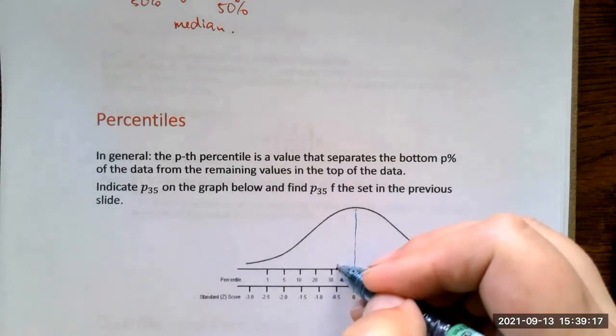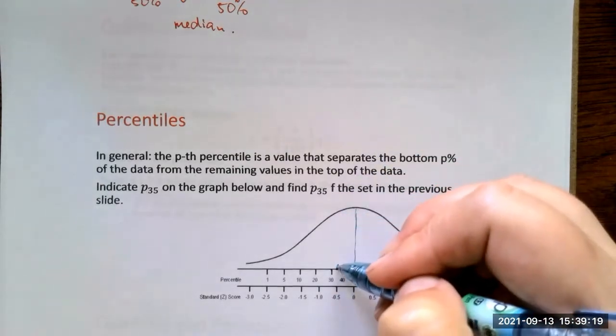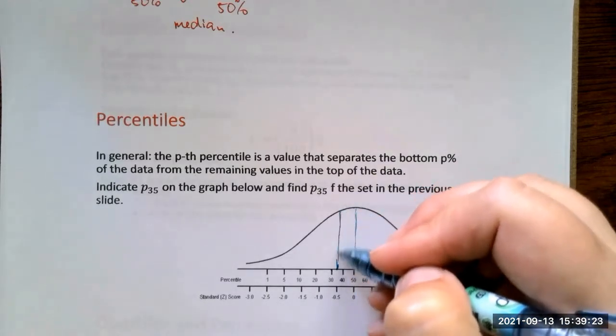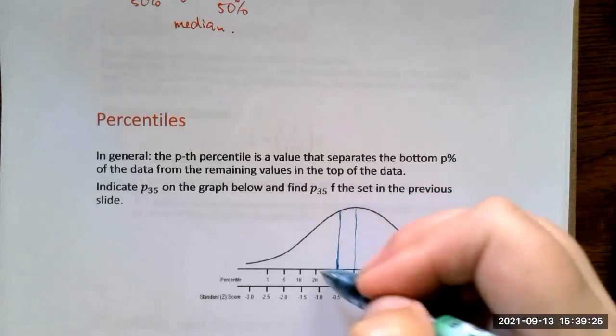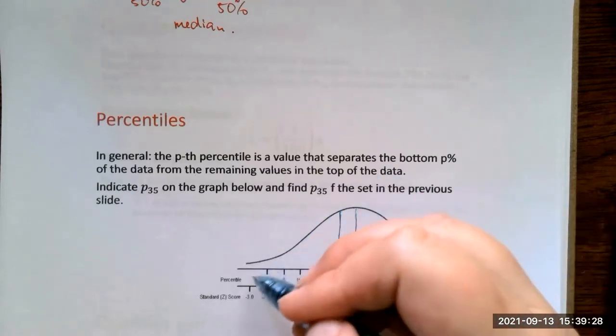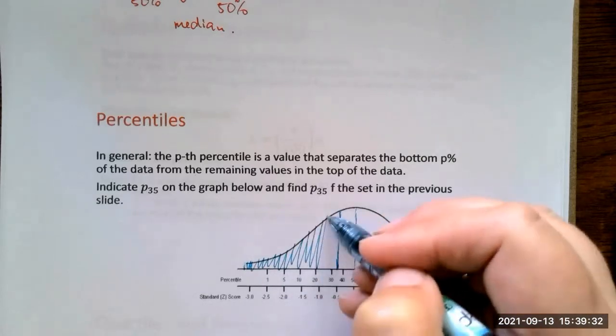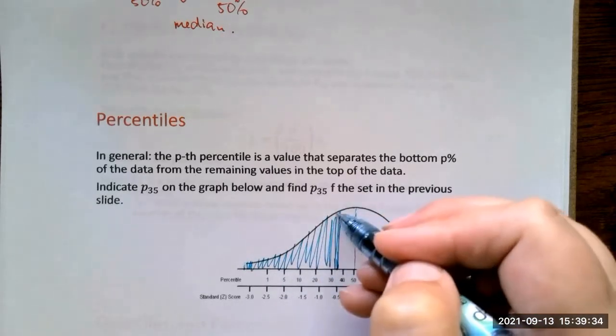So right here. And to indicate that data, we're going to basically imagine that we have some kind of a histogram, so we're going to have bars that cover this area.